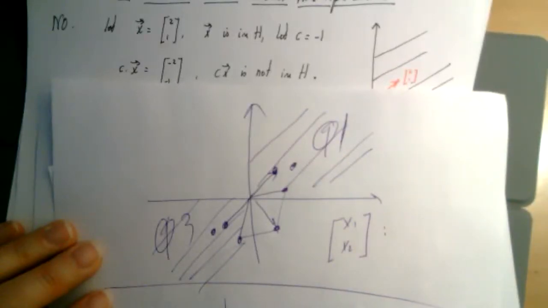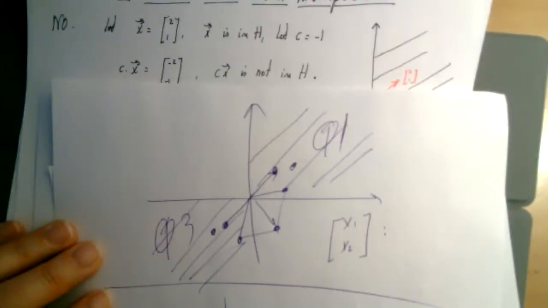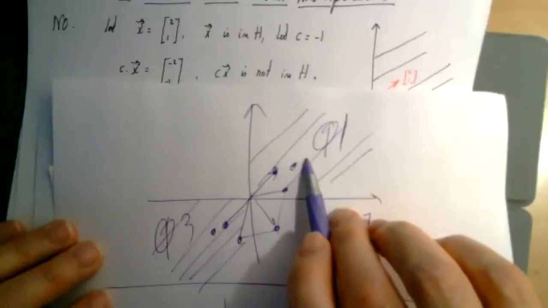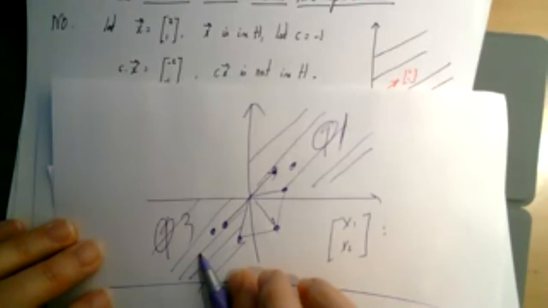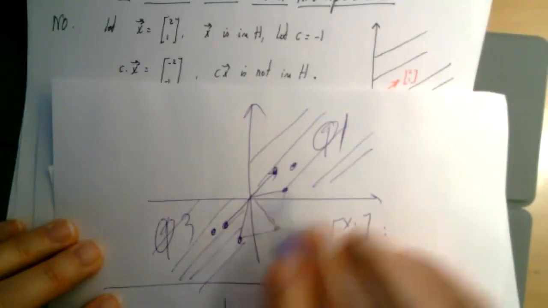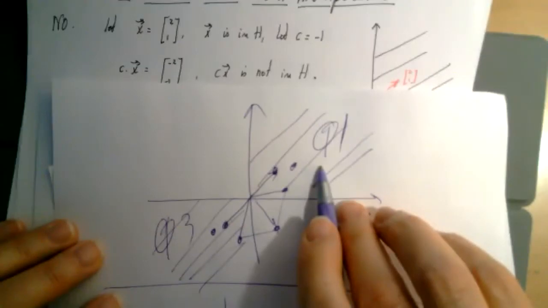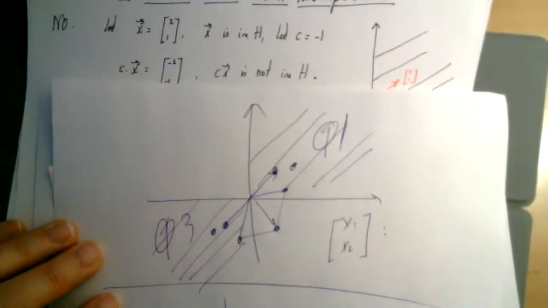It's when both x1, x2 are greater than or equal to 0, or when both x1, x2 are less than or equal to 0. Okay, so either both positive or both negative. Is this a good description? Yes, we have to specify that both coordinates have to be the same sign, positive or negative. It can't be one positive, one negative. Exactly.